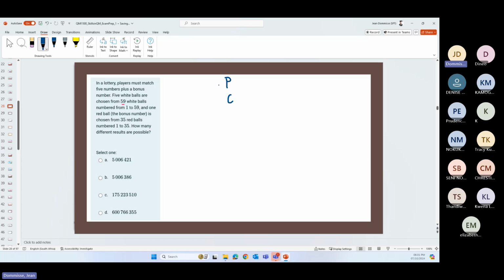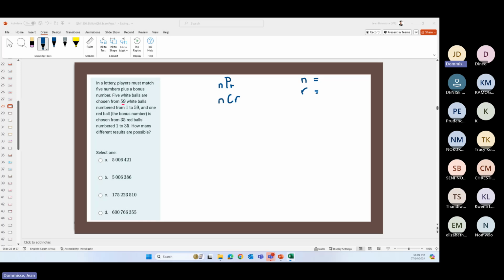Okay, also on your calculators, most of your financial calculators will have a permutation and a combination key. So what we normally need to get is what is the N and what is the R. Also, if you are going to use Excel, there are also those formulas in Excel.